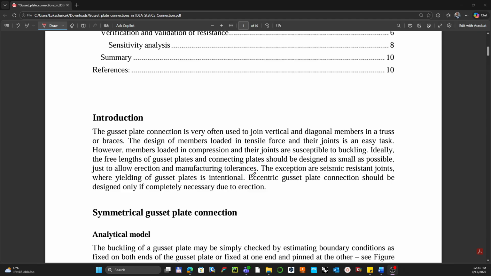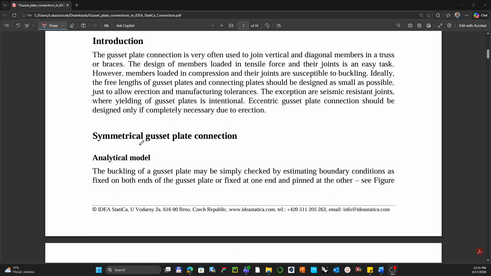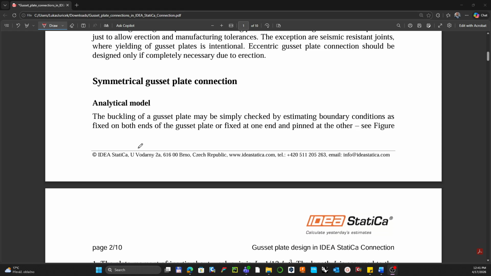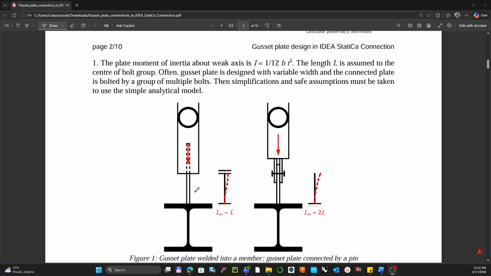We will also be investigating the buckling phenomena that can happen in the structures and in the connections. Let me start first with the symmetrical gusset plates and the analytical model. Once we come to fixing the gusset plate to the member, the gusset can have two types of buckling shapes.